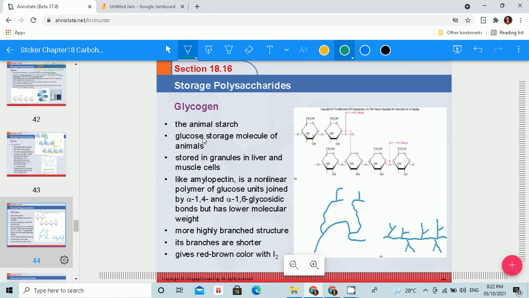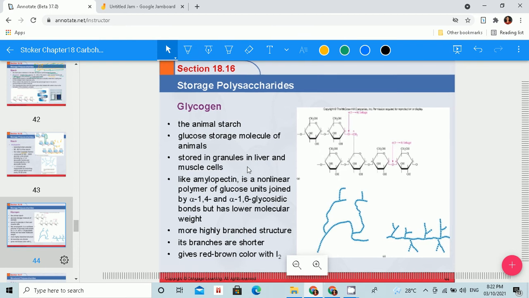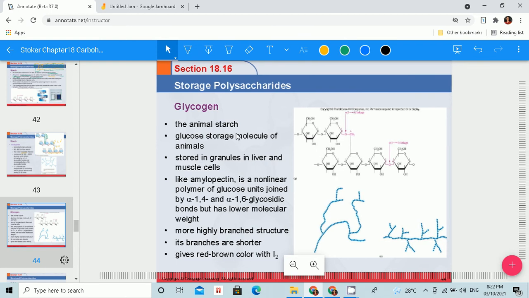Glucose storage molecule of animals is stored in granules in the liver, and in our muscle cells. It's the location where our glycogens are stored.